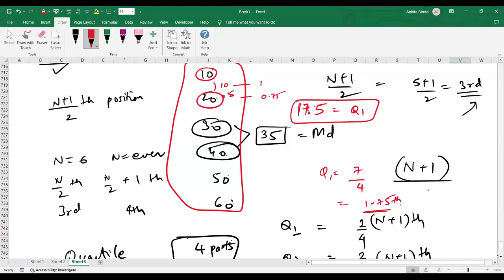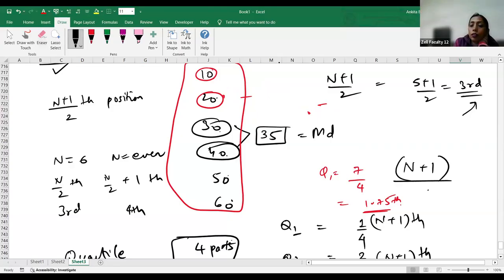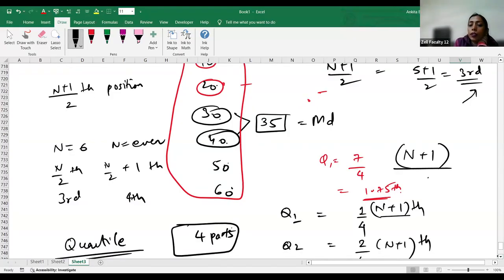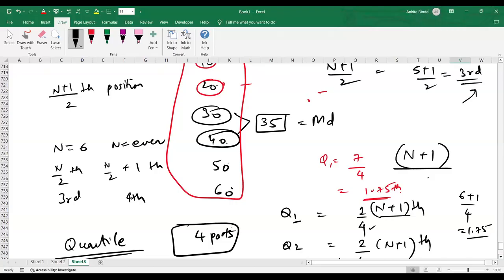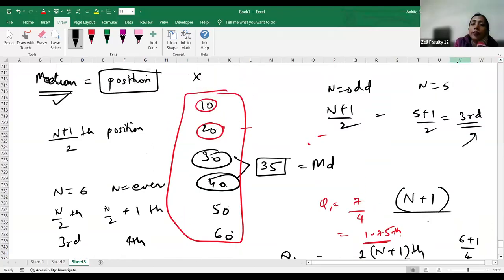Mom, can you repeat, please? Q1 is calculated as (n plus 1) divided by 4. My n is 6. So if I do 6 plus 1 divided by 4, I'm getting 1.75. Are you with me till 1.75? Yes, ma'am. Okay. So 1.75 means the first place value plus the 0.75th place value.